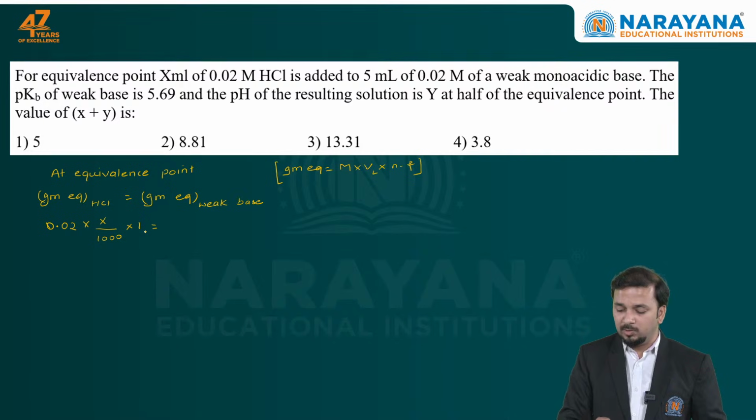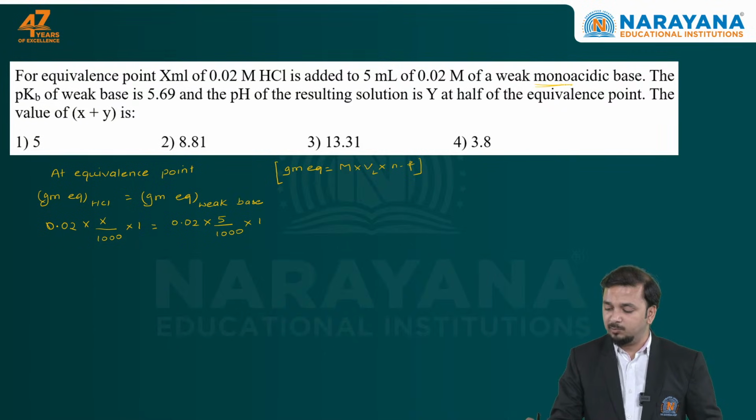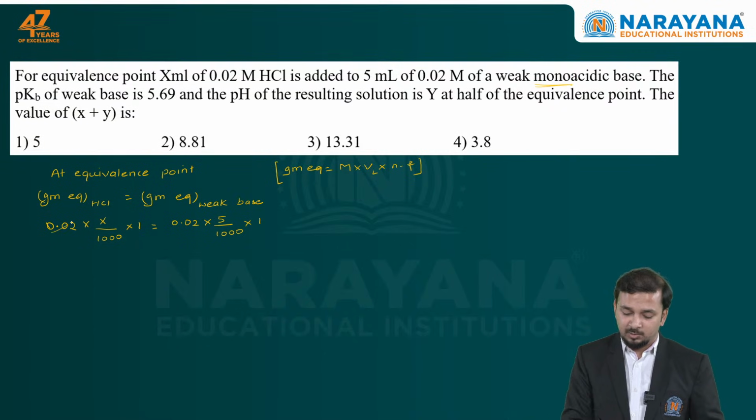That is equal to molarity of weak monoacidic base, 0.02, into volume in liter, 5 upon 1000, into n factor, which is 1 because they have mentioned it as monoacidic base. So 0.02 will be cancelled out, 1000 will be cancelled out, so we'll get X is equal to 5. So this is the first part.